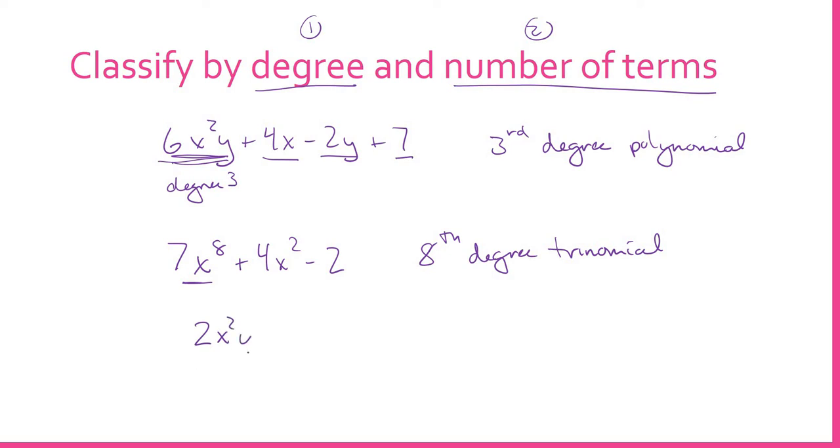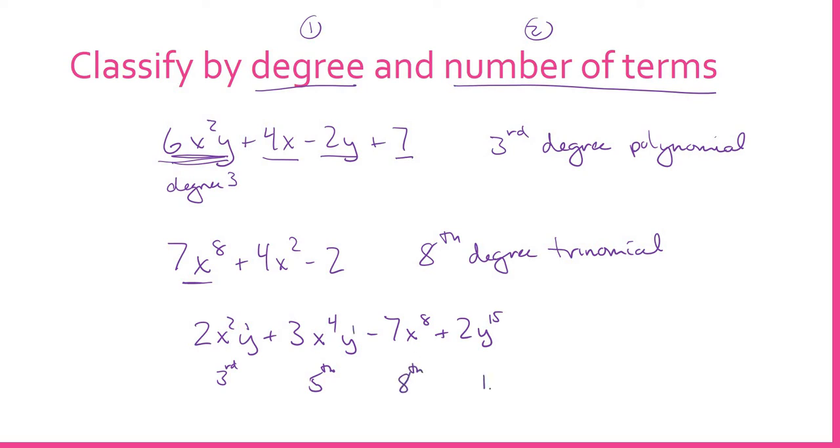2x squared y plus 3x to the 4th y minus 7x to the 8th plus 2y to the 15th. So we need to find the highest degree. This is a third degree. This is a 5th degree. Remember, I'm adding up the powers within the degree.